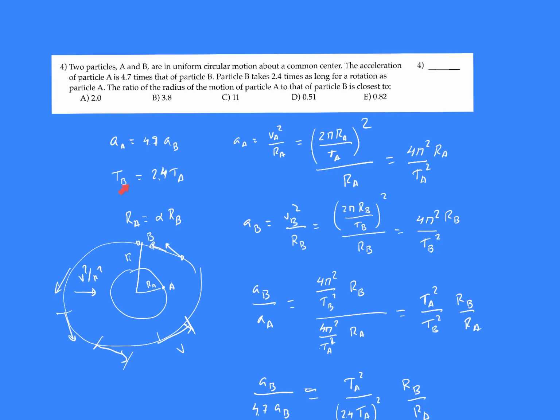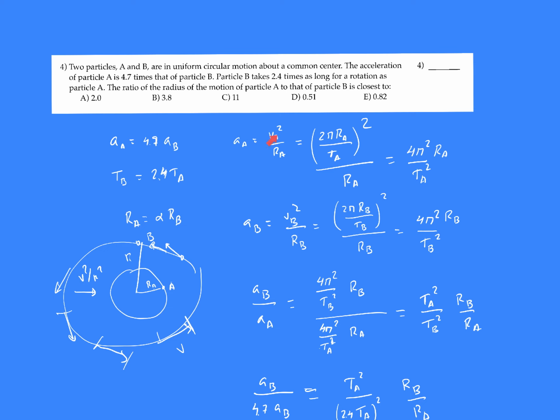So the time that object B takes to perform one revolution, the period, is bigger than the time of A. It is 2.4 times bigger than the time of A. And what it asks is to find a relation between the radii. So this is not so much a physics problem, it's more a mathematical problem. So let's do it.